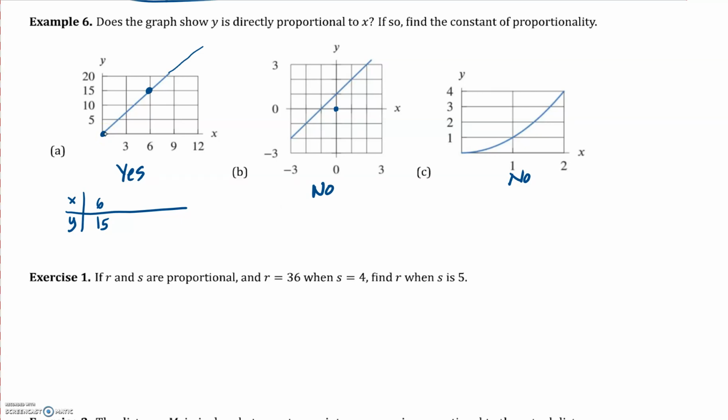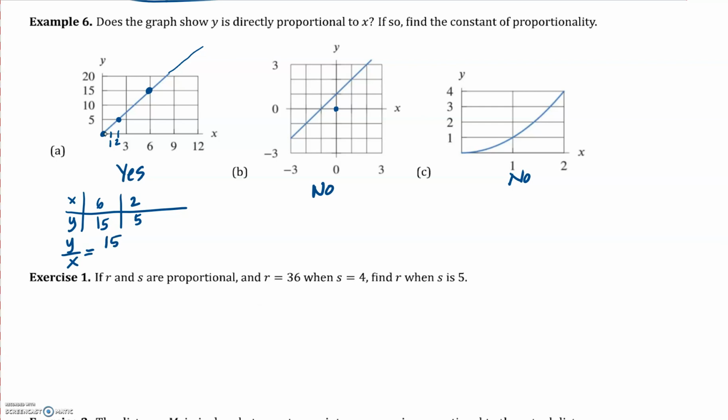So let's just look at 2, because we're going to break this up 1, 2. So when X is 2, it looks like the Y is 5. And let me look at my proportionality. I'm going to take Y divided by X and see if it's a constant.